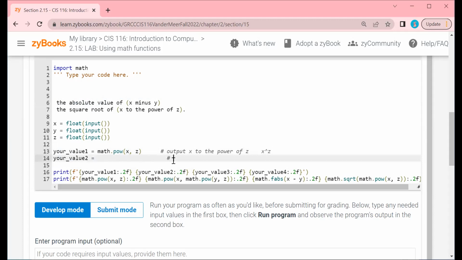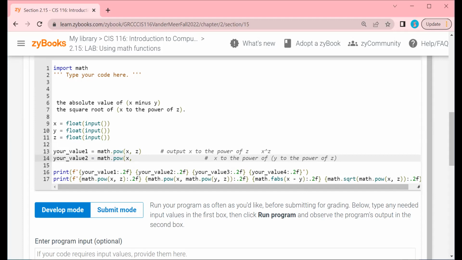All right. The second one we're doing is x to the power of y to the power of z. I just moved it down here so I can see it closer. So I'm going to say math.pow and x, and that's going to be raised to y to the power of z.